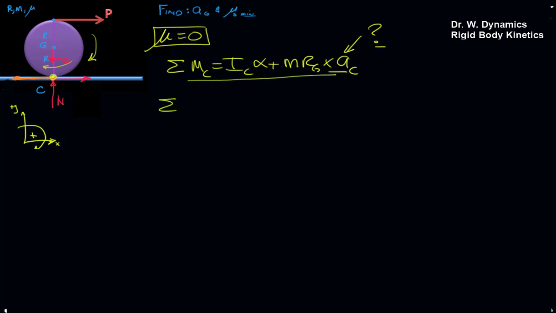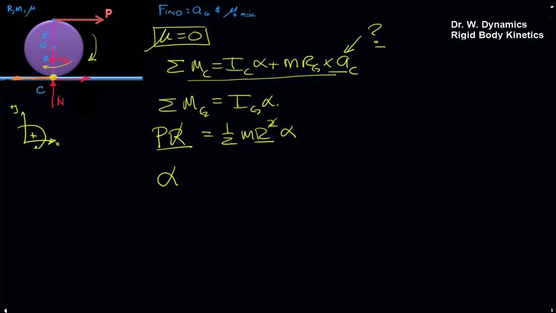And then we would want to use sum of the moments about G is I_G alpha. And we'd have, with respect to G, P times R. And now there's no friction, so there's no other forces trying to rotate it. And that's going to be 1/2 mr squared alpha, which is the I of a disk. And we get directly from here that alpha will be 2P on mr.